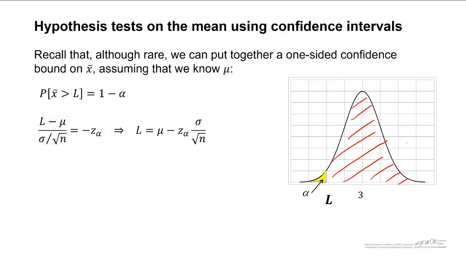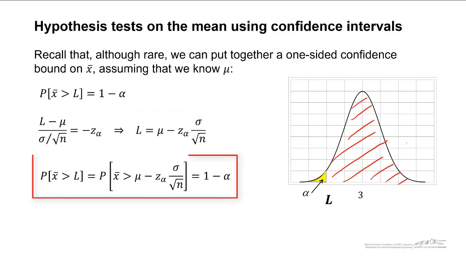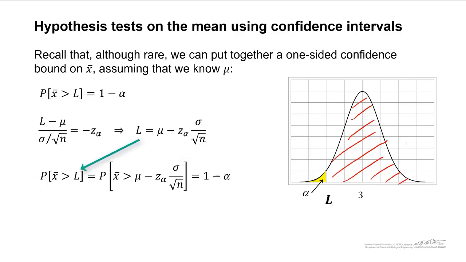And if we solve for L, the lower limit here for x bar, we get that it is equal to mu minus z alpha times sigma divided by root n. We can rewrite the probability that x bar is greater than L. We can substitute L into our expression, and that means we have a 1 minus alpha confidence bound on x bar of mu minus z alpha times sigma over root n.